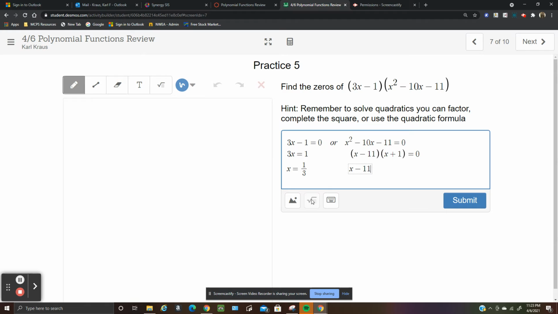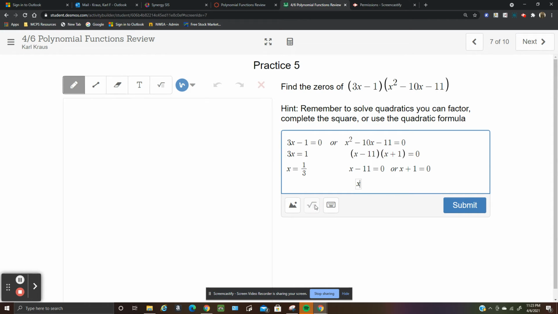X minus 11 equals 0, or x plus 1 equals 0. X equals 11, or x equals negative 1. So you get 3 answers: 1/3, 11, or negative 1.